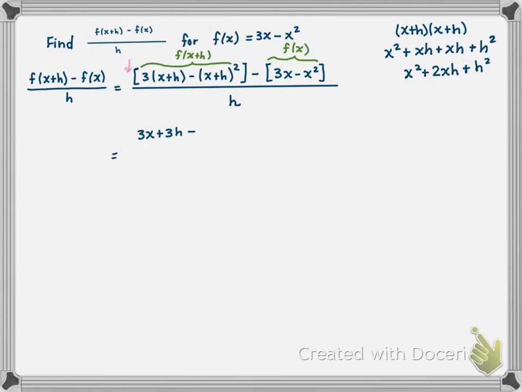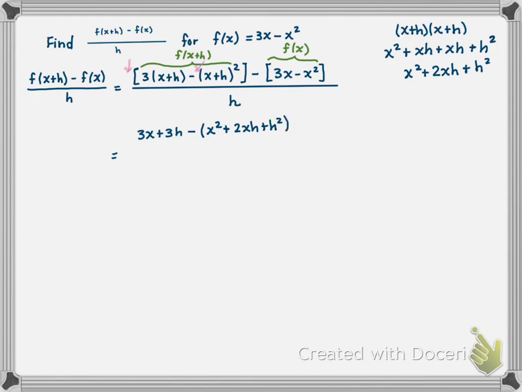And when I put that in, it needs to be in parentheses because there's this minus right here. I can't drop those parentheses until I've distributed that. So we have x squared plus 2xh plus h squared.